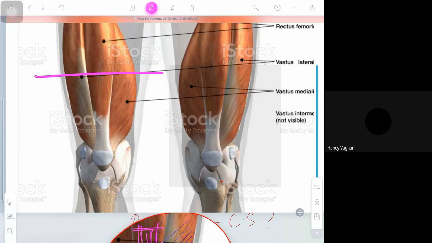So first for medialis you will measure like this. For intermedialis you will measure like this, not here, but somewhere where the bulk is present. And third you will go like this. Like this you will measure the cross-sectional area of the pinnate muscle.